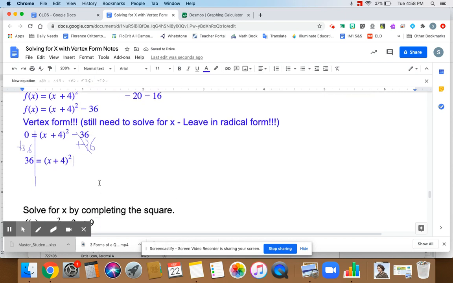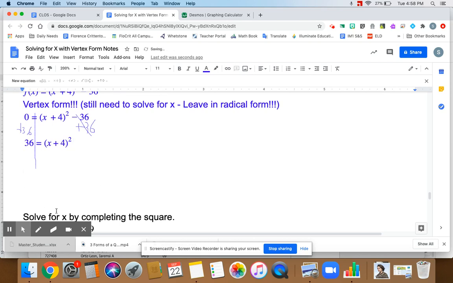Now, how do I undo the squared? I take the square roots because those will cancel. But I have to do it to this side. So now I have that the square root of 36 is going to just equal x plus 4.